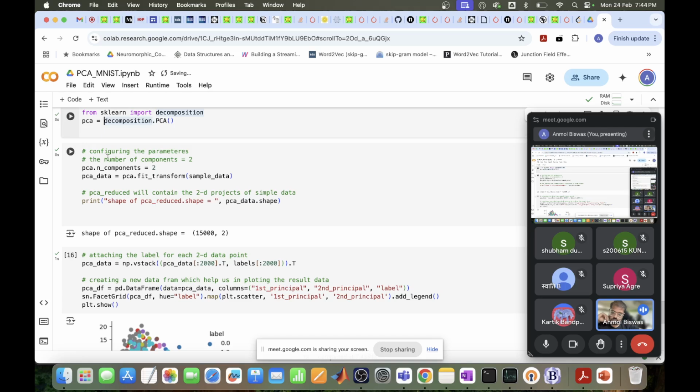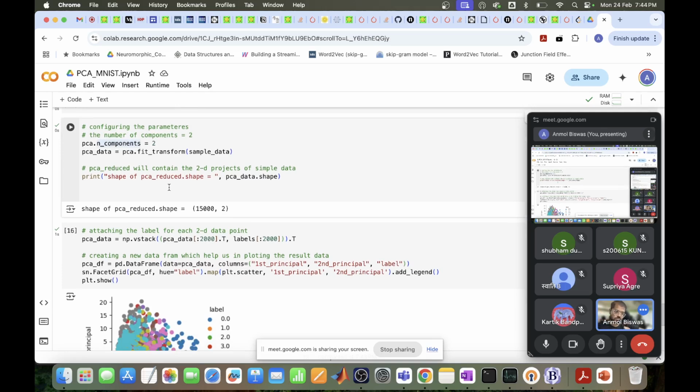You can set the number of components that you want out of this decomposition. Here we have set it to 2 because we want to visualize it. Instead, you could set it to some higher number if your main target was to reduce the dimensionality of your input.